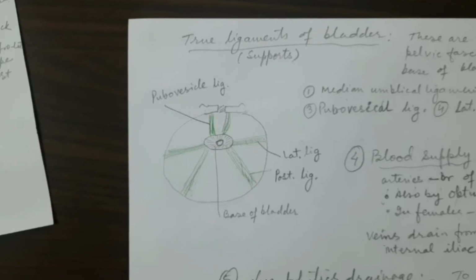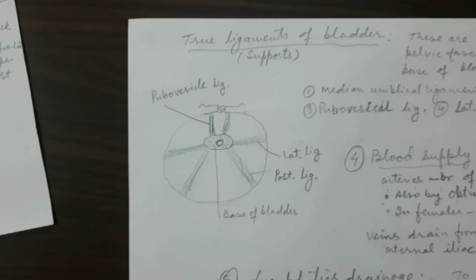This venous plexus is called the vesical venous plexus. Vesical means urinary bladder. From this venous plexus, the veins drain into the internal iliac vein. So it drains ultimately to the internal iliac vein.